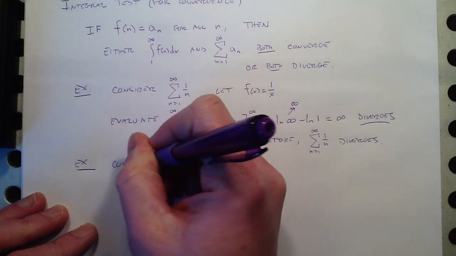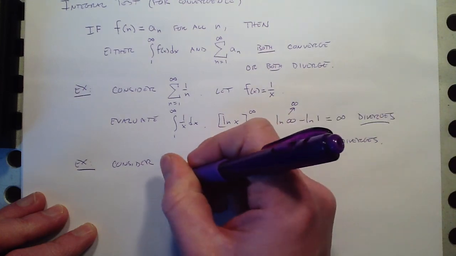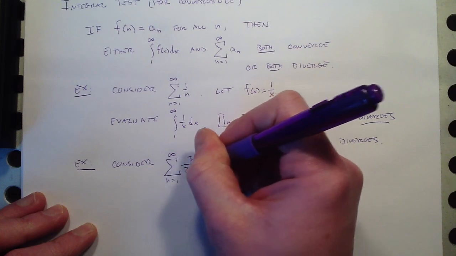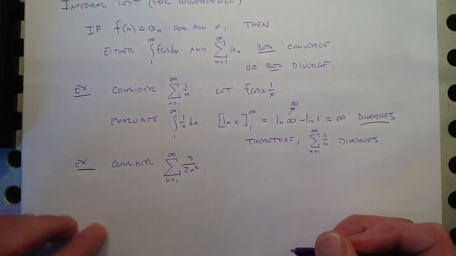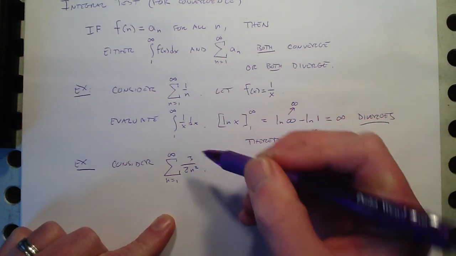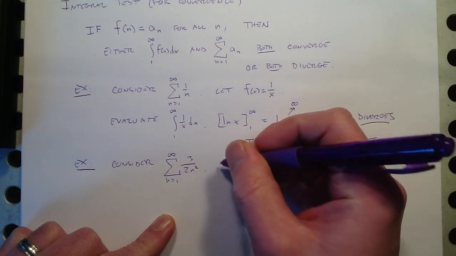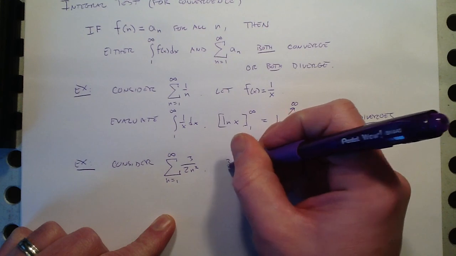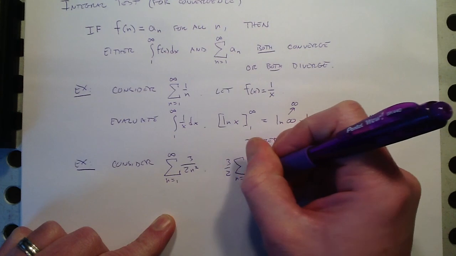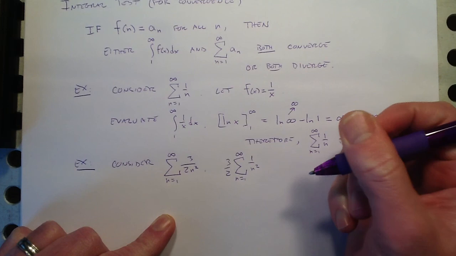Let's consider the sum from n equals 1 to infinity of 3 over 2n squared. Well, I'm going to simplify this and make things as easy as possible for myself. The 3 and the 2, those are just constant multiples, and I can take those to the outside. That's the same as 3 halves, the sum from, you don't have to do this, but it makes it easier, 1 over n squared, right?